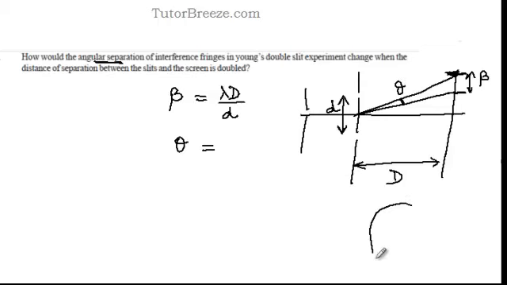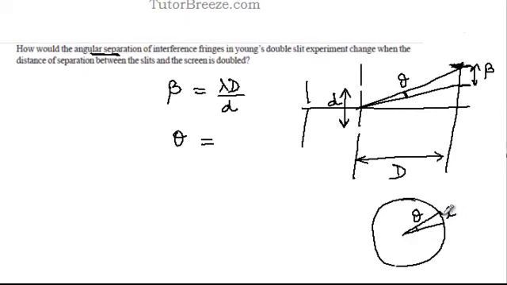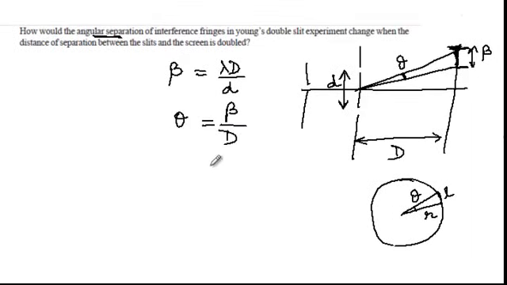Now, you know from trigonometry that theta is equal to arc length L, this distance, over the radius R. In this case, we are considering this as an arc, and we are approximating this distance by D. So theta is equal to beta over D, which is equal to lambda by d. And this gives you the angular separation between two fringes.